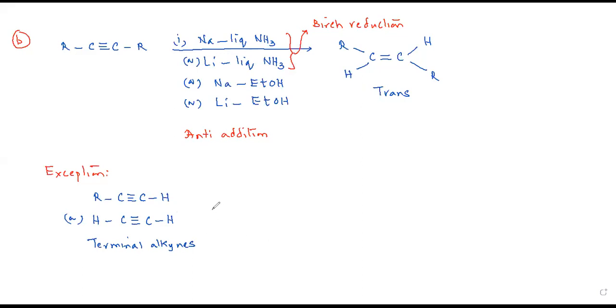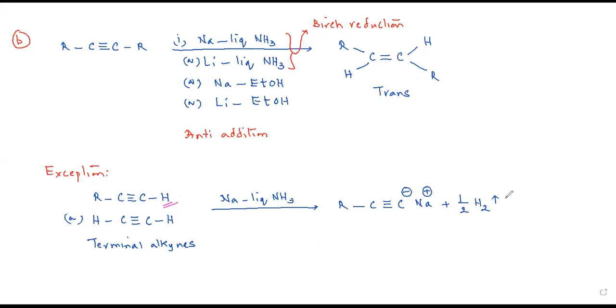Whenever we go for terminal alkynes with sodium in liquid ammonia, we get the hydrogen replaced by metal. So what do we get? R, C triple bond C minus, Na plus, plus half hydrogen.